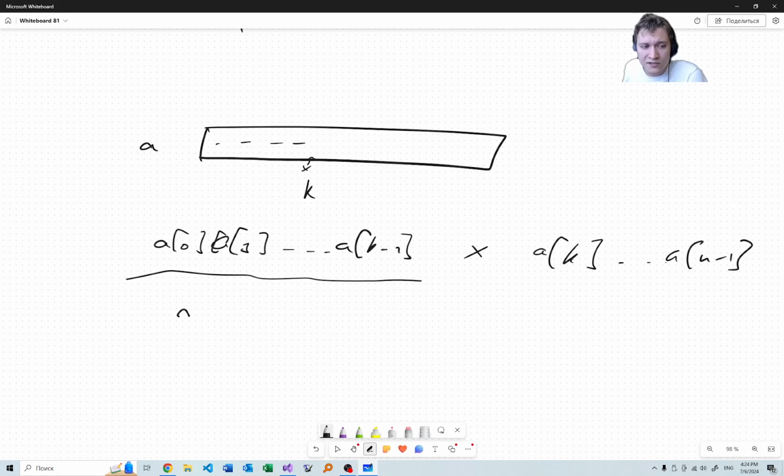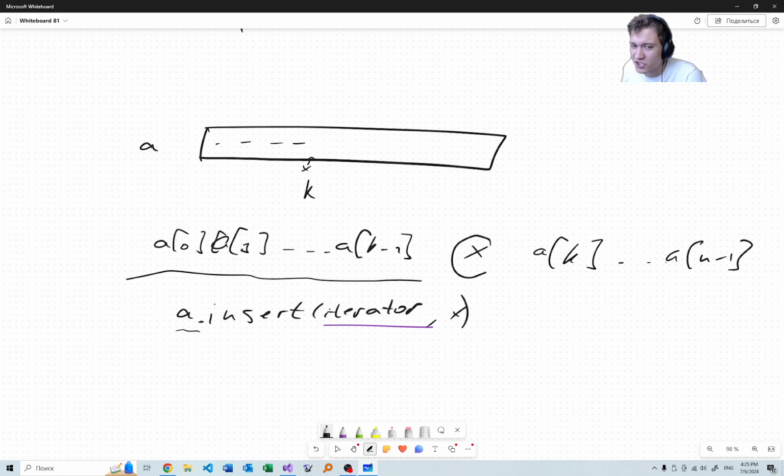What I did was use this approach. I just take this as a vector of integers in C++, and there's a method insert, which takes an iterator and an element. As an iterator, I want the future iterator of x.